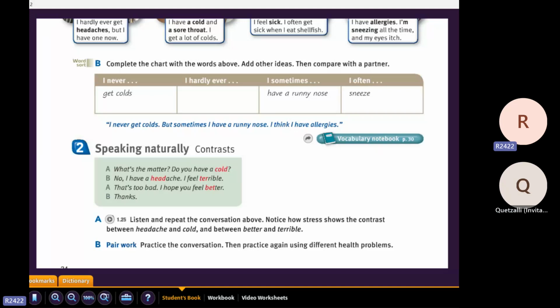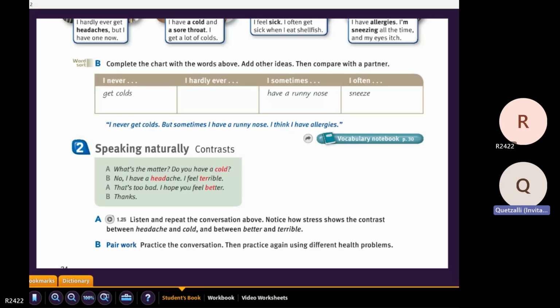Good. What about I hardly ever? I hardly ever have a toothache. I hardly ever have an earache. And I hardly ever have a sunburn. Okay.